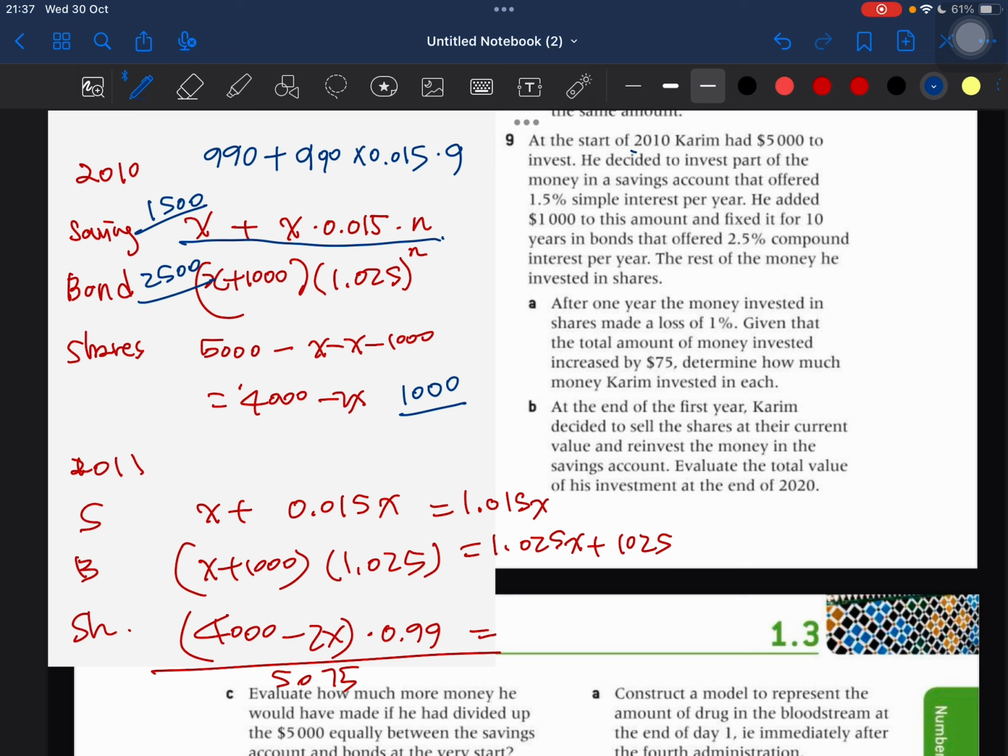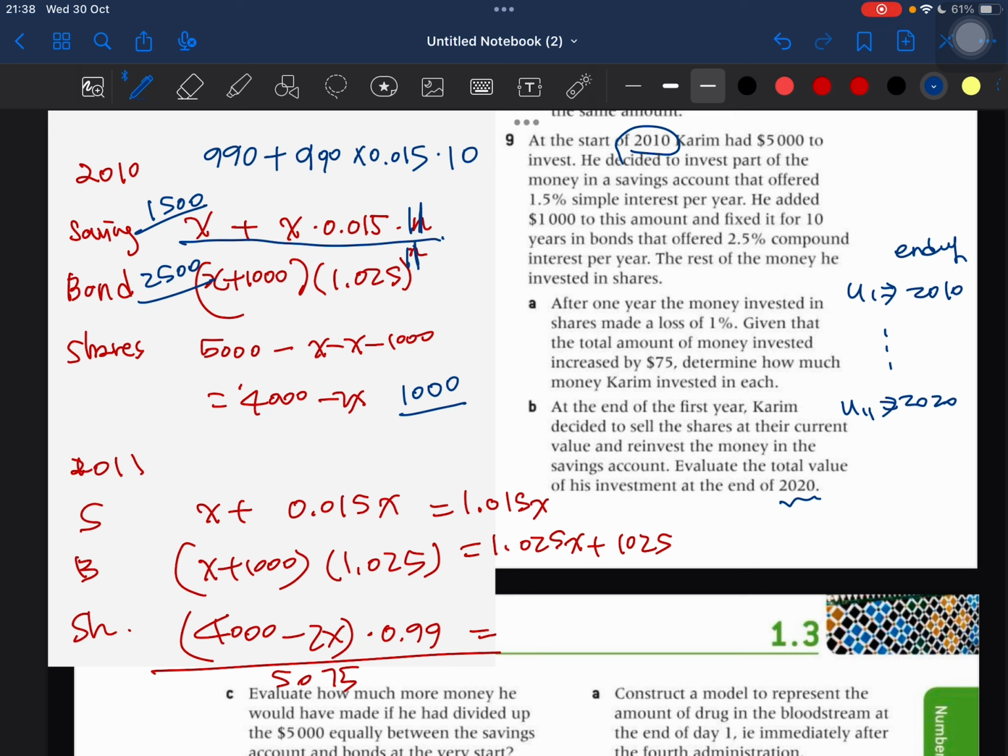No, it starts in 2010. So after 1 year was like at the end of 2010. So this is so confusing. So this is at the end of 2010. So 2020 is after 11 years. So now we can say this is 10 and this is 11 and this is 11.